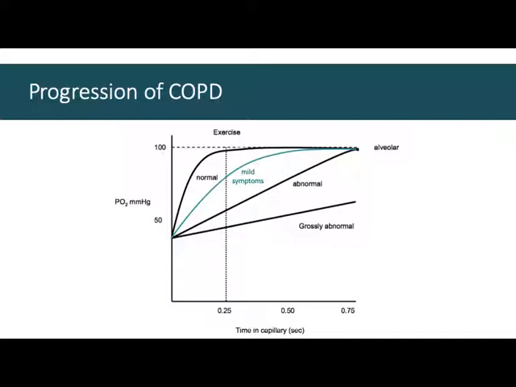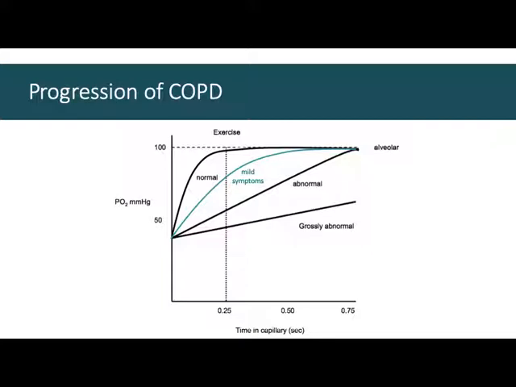As the symptoms worsen, this line will gradually flatten and move towards the abnormal curve. What does it mean if you have mild symptoms and gradually move towards the abnormal curve? Well, in a mild symptom sense, you don't feel anything at rest.